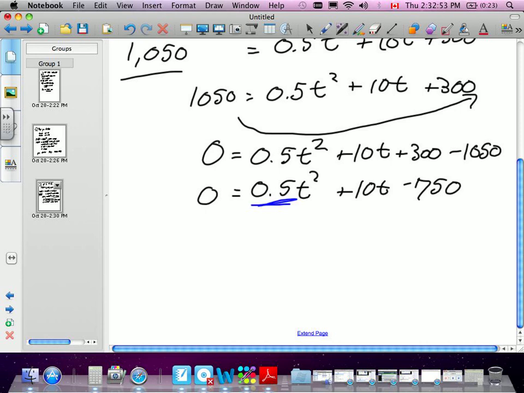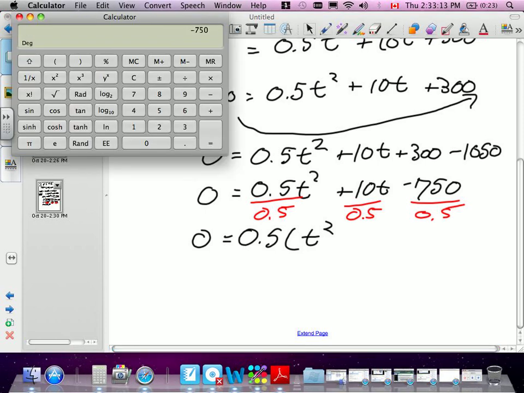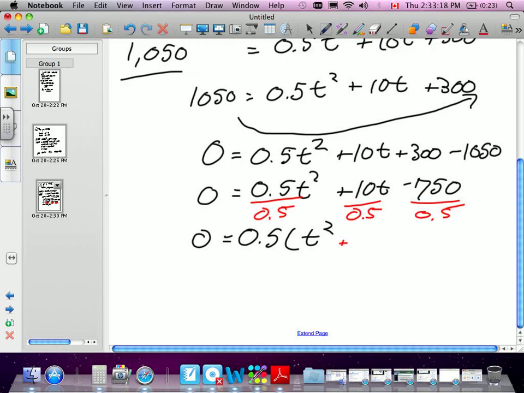So in other words, I'm going to get 0 is equal to, and when I divide each of those terms by 0.5, I'm going to divide this by 0.5 and this by 0.5. 0.5 has been taken to the outside because it's our greatest common factor in this matter.